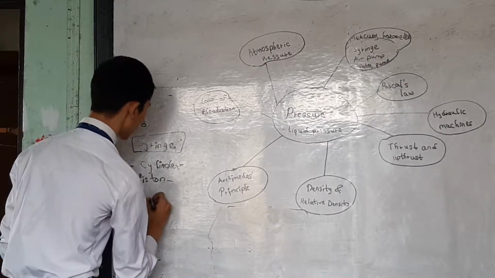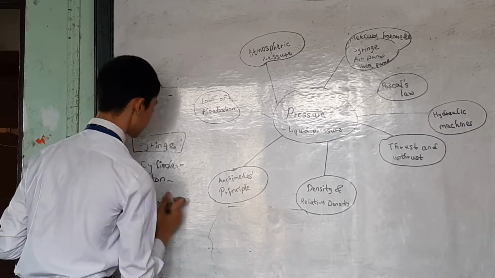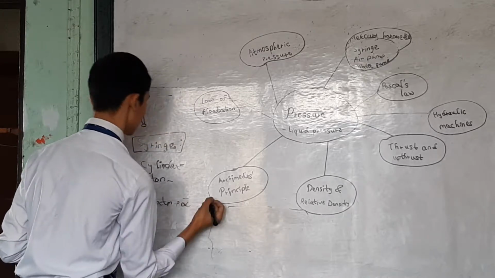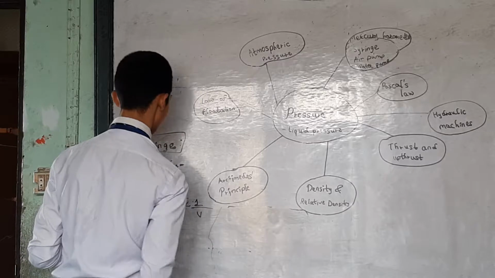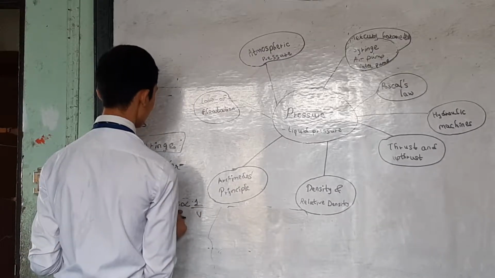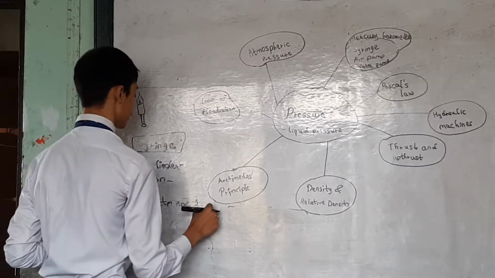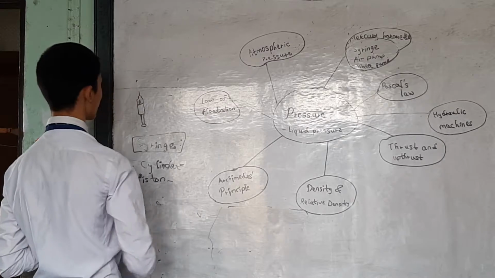Before this, let me tell you one relation. The atmospheric pressure is inversely proportional to the volume of the body. It means more the volume, less the atmospheric pressure, and less the volume, more the atmospheric pressure. Okay, now let's look at this figure.